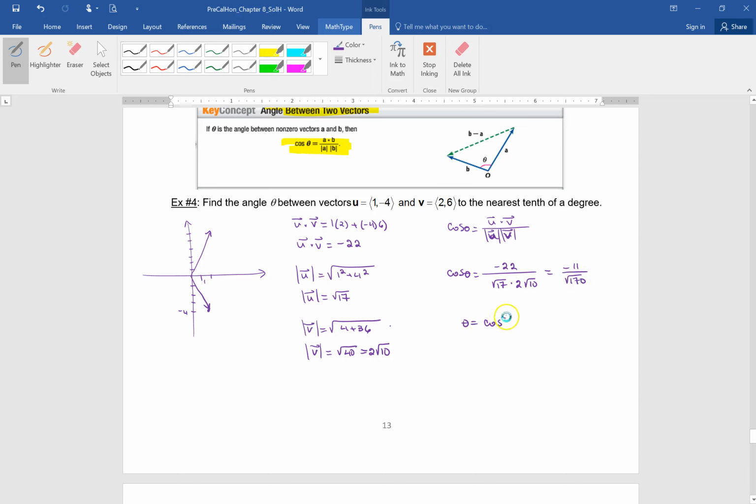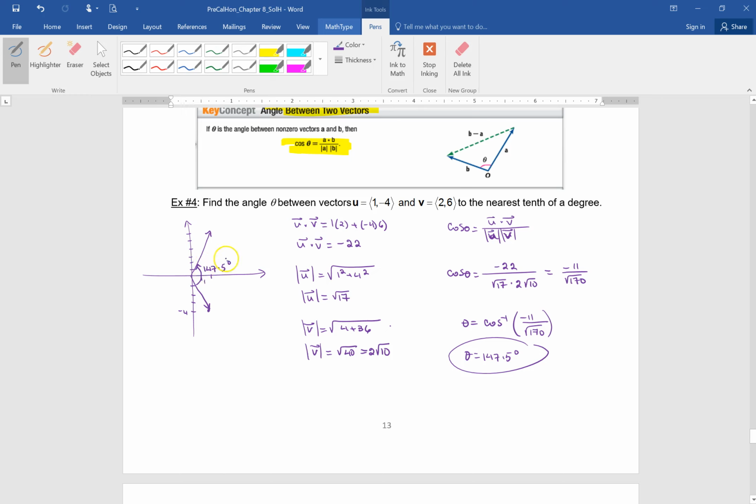It's the inverse cosine of -11 over the square root of 170. How much is that? Anybody? 147.5 degrees. That's that angle here.